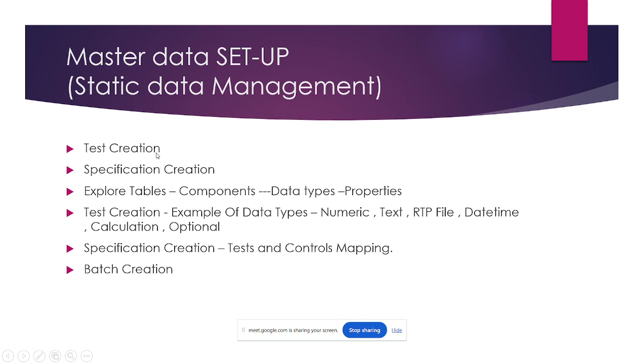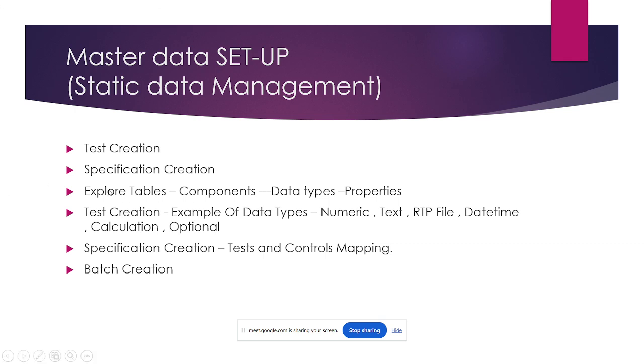As per the procedure we create tests, and as per the controls we create the specification. The specification has multiple tests. The STP also has multiple tests, but we create each individual test in the tables. After each individual test is created, whatever tests are required for the specification, we create only a single spec and map all the tests to that single specification.